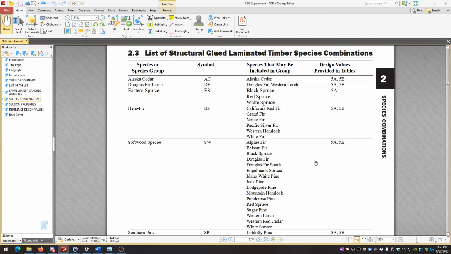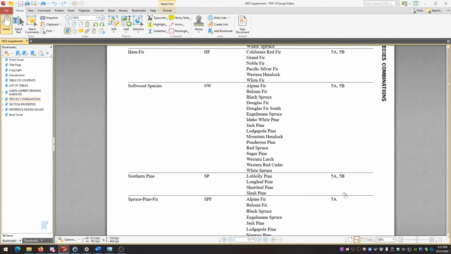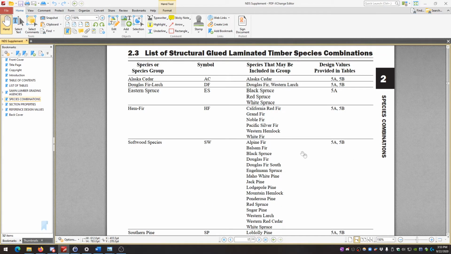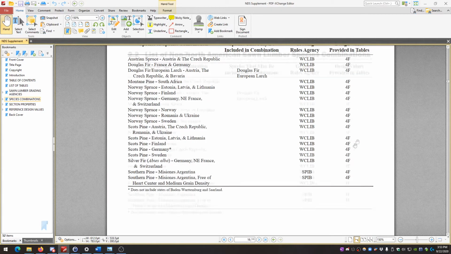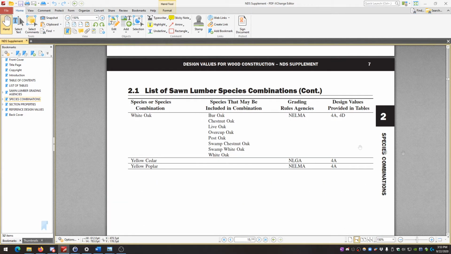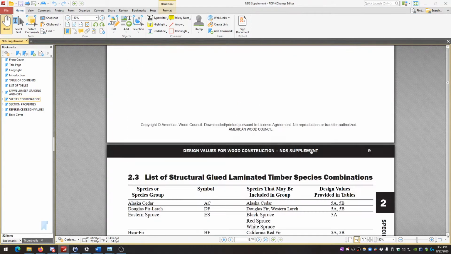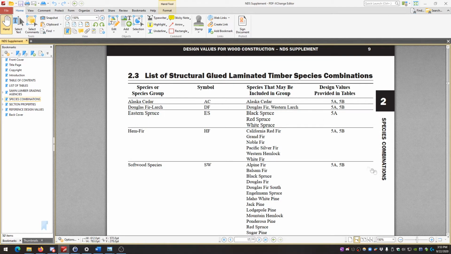We will be working with this later in our wood design series, when we look at glulam beams and their various laminations and their mechanical properties. So note that the solid sawn combinations' mechanical properties are provided in tables 4A, 4D, etc., tables in chapter 4, while the glulams' mechanical properties are provided in chapter 5.